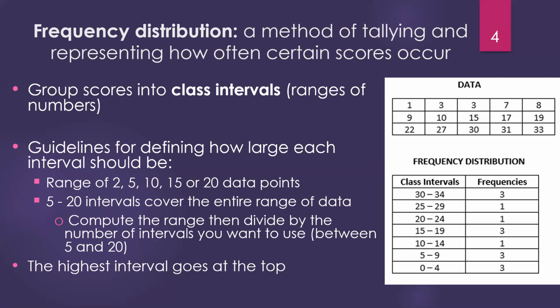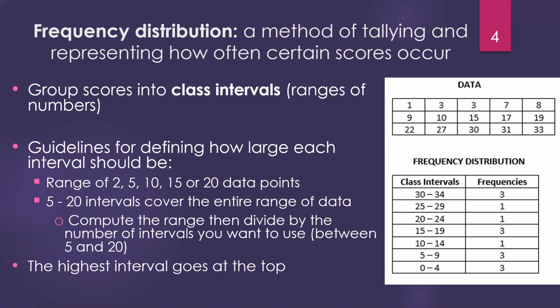A helpful way to think about it, if we know we want 5 to 20 rows, is to compute the range for the data that are given, then divide by the number of intervals you want to use, knowing that you want to use between 5 and 20, so that you avoid having to fill in the rows as you get to the top when doing this by hand.